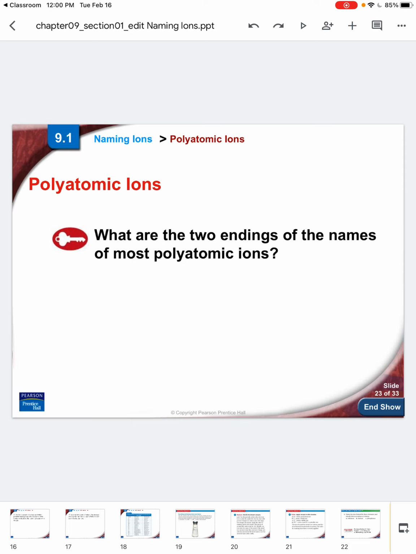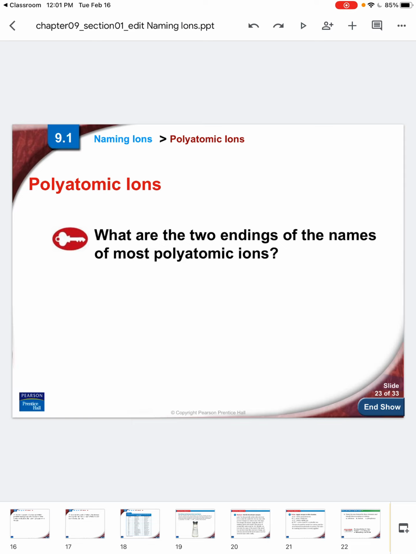Now, here's a concept a lot of people find difficult, but many ions are not monatomic cations or anions, but polyatomic ions. It's a group of atoms covalently bonded together. We've already defined it previously in our studies. And the whole group of atoms stays together as a group, but it also carries a charge.